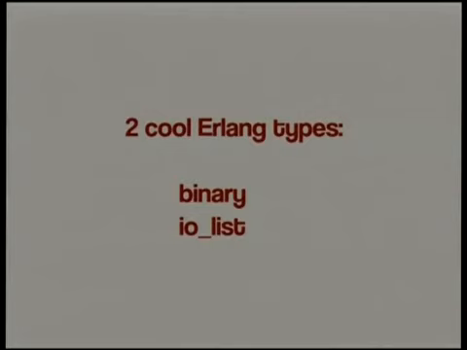There is a compact binary type, so that if you have something longer than 60 bytes, Erlang will only pass a reference to some arbitrarily long binary, and will accept that as part of a list structure called an I/O list. If you send it to a socket or a file, Erlang will flatten it out.